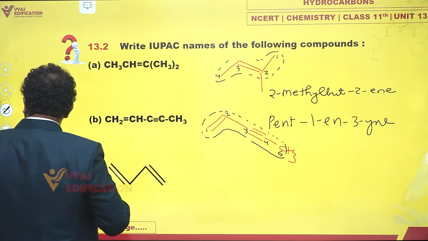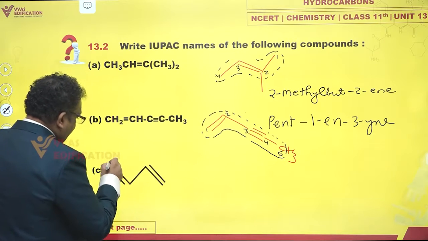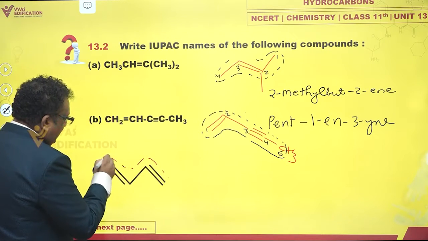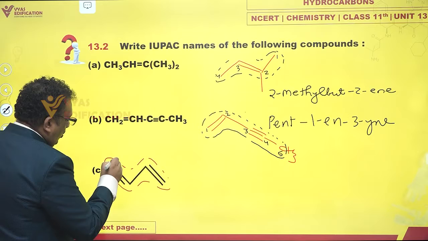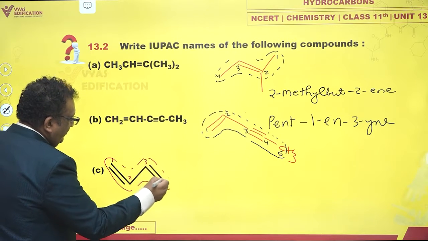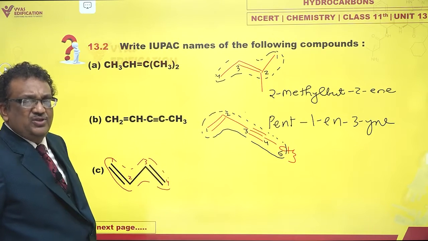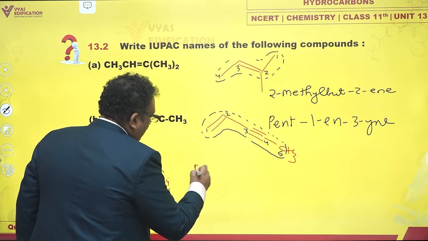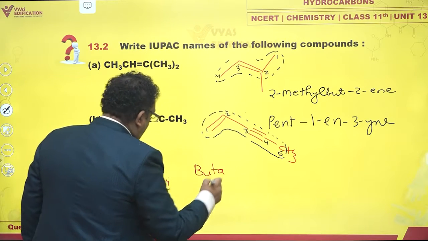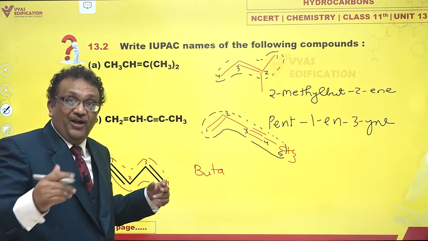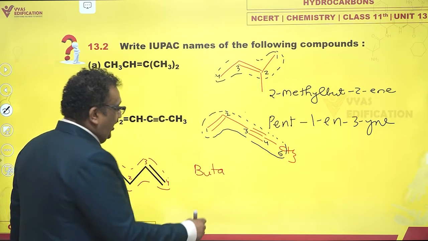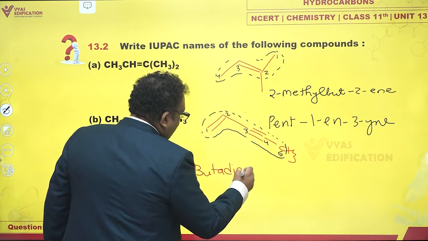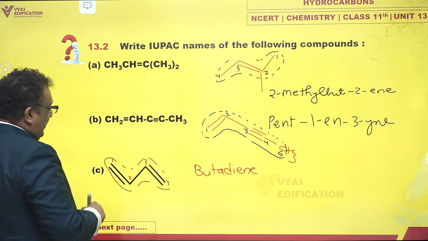What is the longest possible carbon chain? Well, this seems to be the only carbon chain. 1, 2, 3, 4. It is the same both ways. So it is butadiene. Why are there two alkenes? So di in butadiene. The alkenes are at 1 and 3.